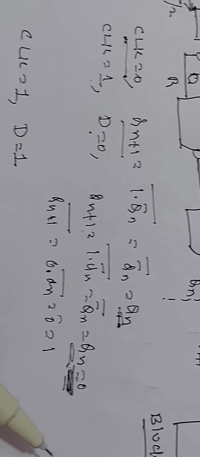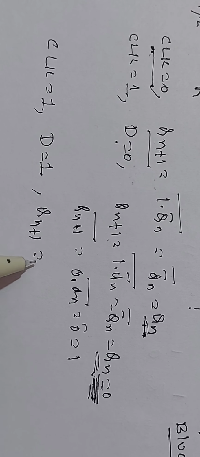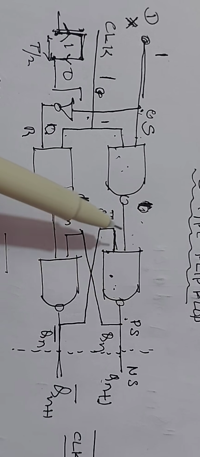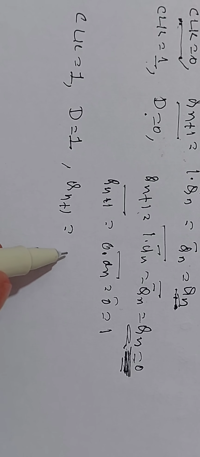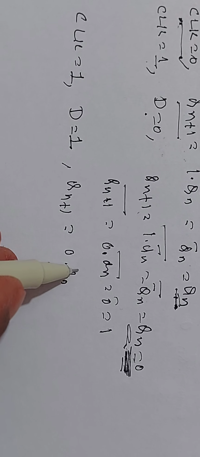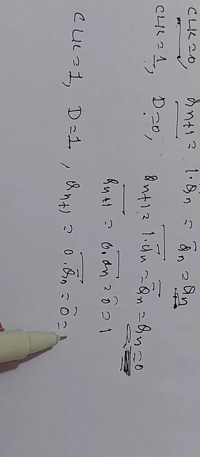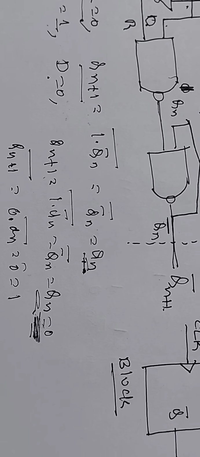Therefore in this case, Qn plus 1 output is equal to 0 into Qn bar whole bar. 0 into anything is 0, 0 bar is equal to 1. So when Qn plus 1 is equal to 1, Qn plus 1 bar is 0.